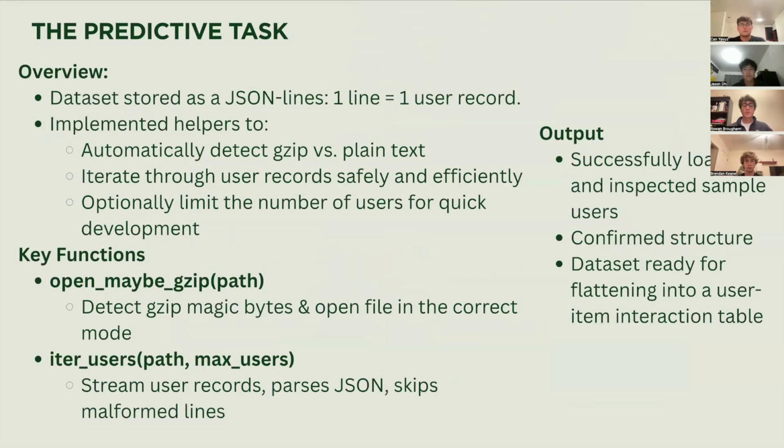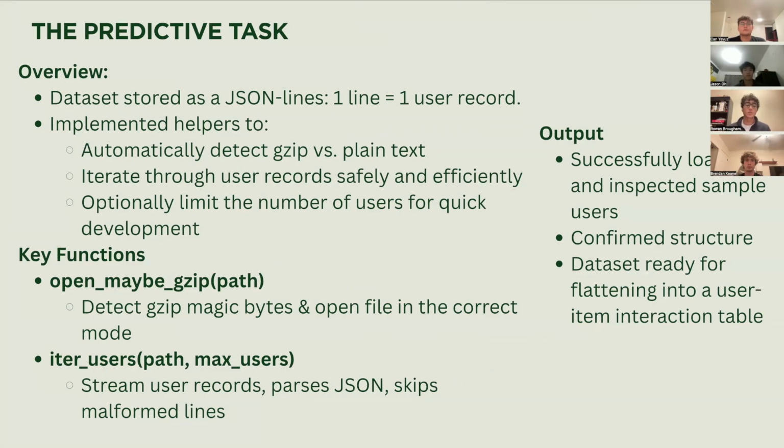And so how we did this is first, this data set was stored in a JSON format where one line was one user record. We wanted to implement helpers to automatically detect gzip versus plain text, iterate through the user records safely and efficiently, and optionally limit the number of users for quick development.